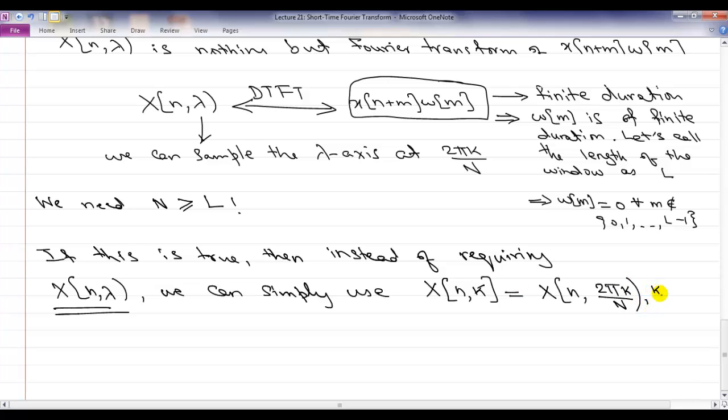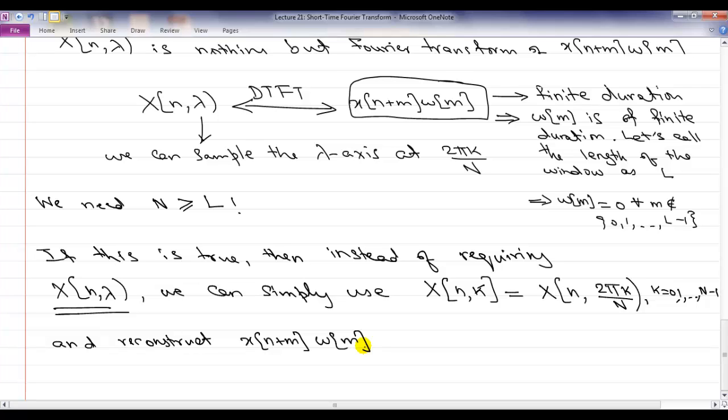Your k goes from 0, 1 up to N minus 1. So we can simply use X_n[k] and reconstruct x[n+m]w[m].